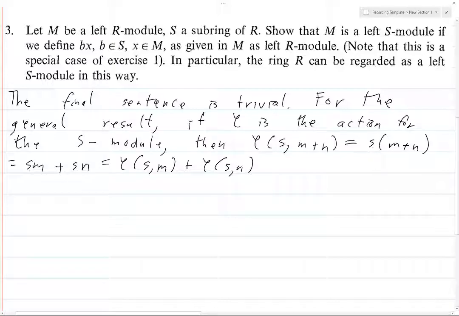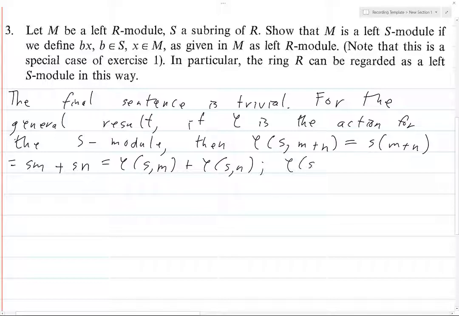We're just using the fact that S is an element of R, and we don't have to worry about closure or anything, at least not here, because the S doesn't really change at all. So we've got this. So then what's the next thing?